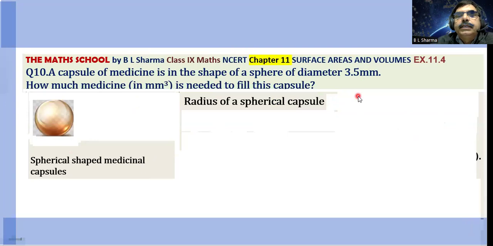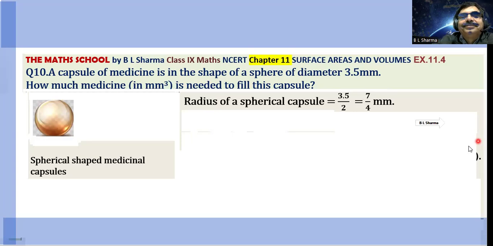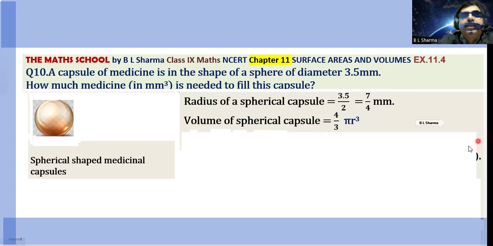Since the diameter is 3.5 millimeter, the radius will be half of it. That is 3.5 by 2, that is 7 upon 4 millimeter. Volume of a spherical capsule: the formula is 4 upon 3 pi r cube. 4 upon 3 as it is, in place of pi put 22 by 7, in place of radius put 7 by 4. So 7 by 4 into 7 by 4 into 7 by 4.